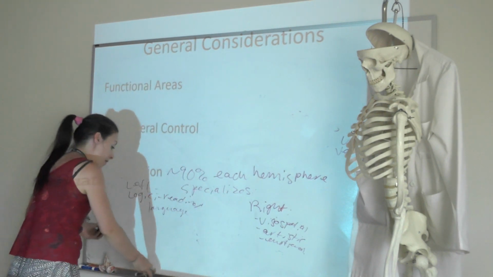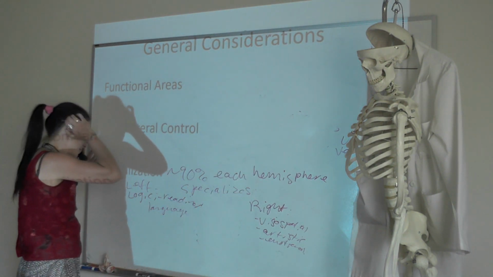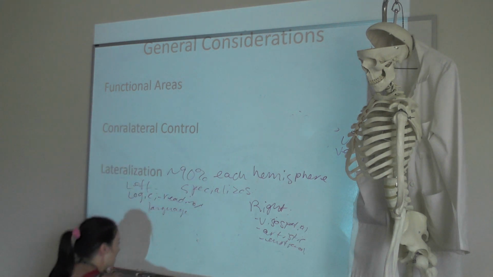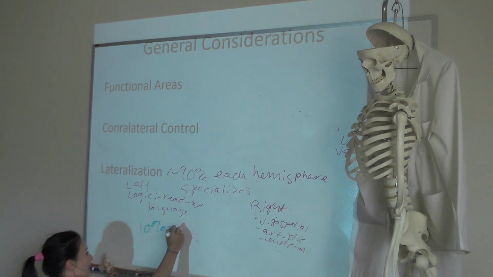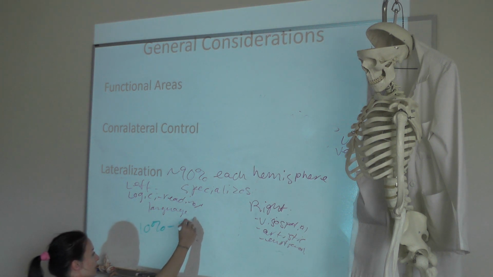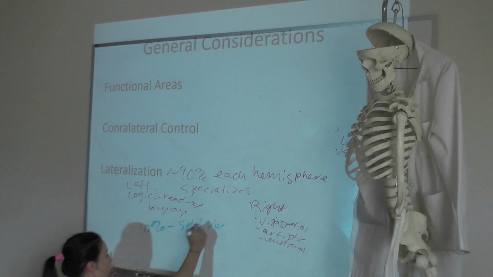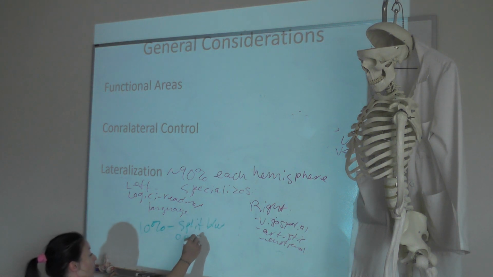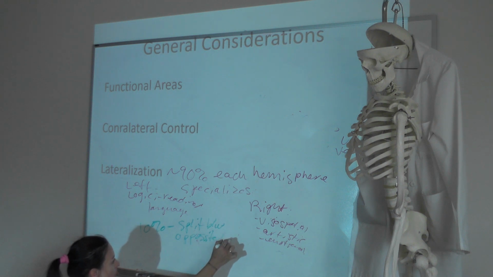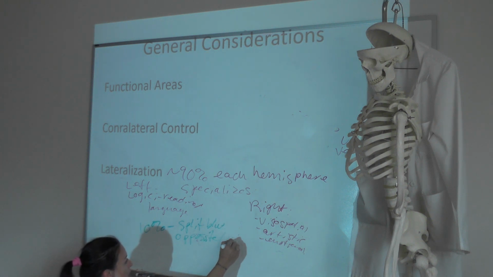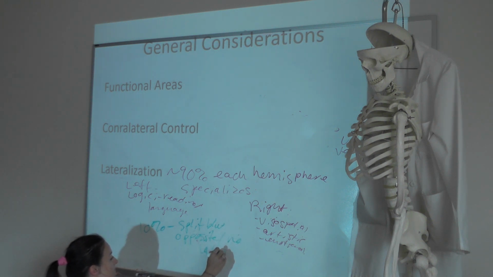So yeah, and that again may or may not correspond to handedness. Kind of crazy. So what we could say about the remaining 10% is that they are split between the opposite lateralization or no lateralization.